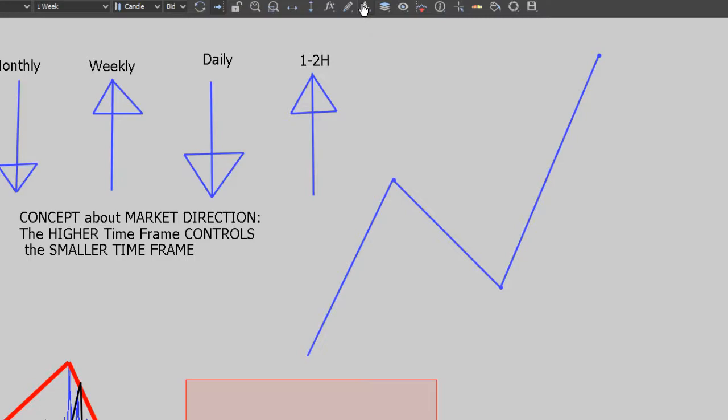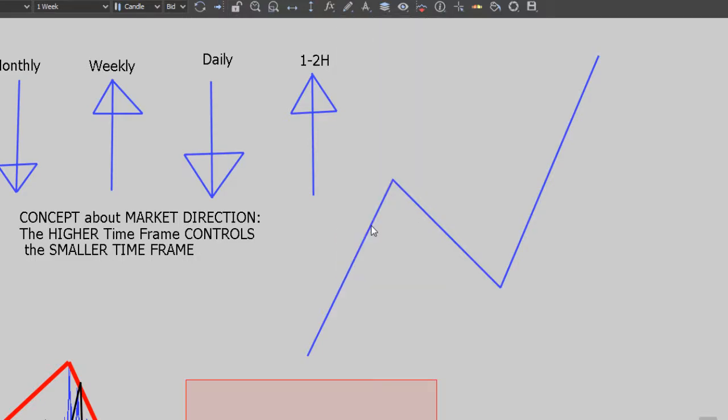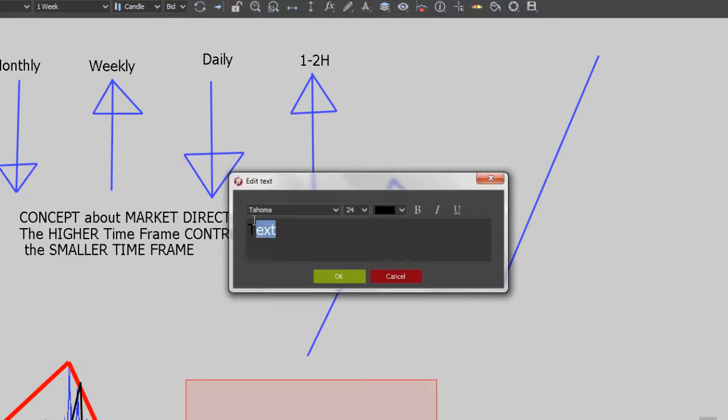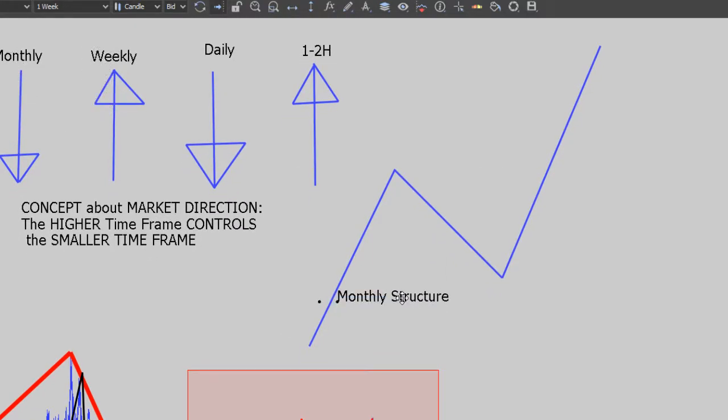Now what do you think we are going to have on the monthly? If this is monthly structure, what else are you going to have?